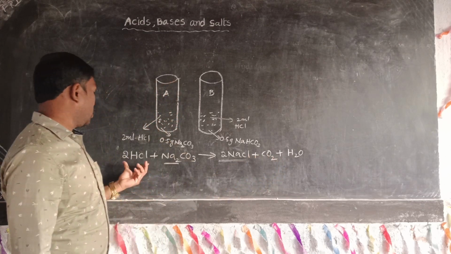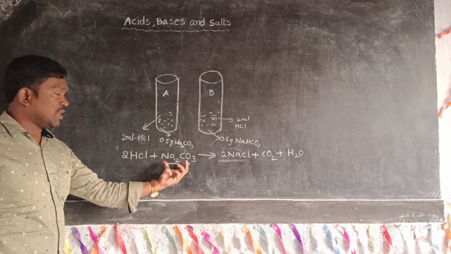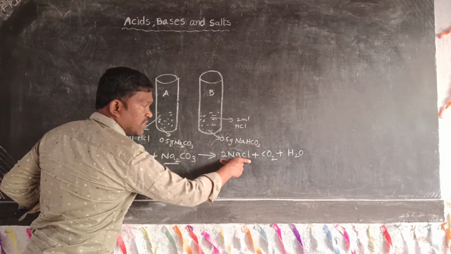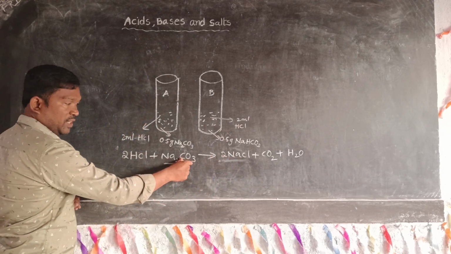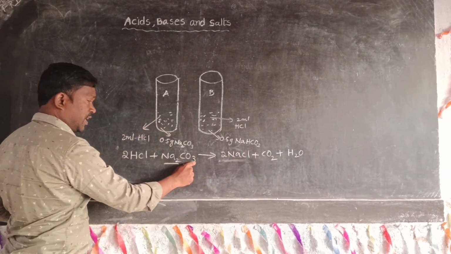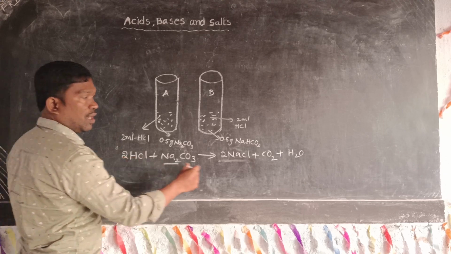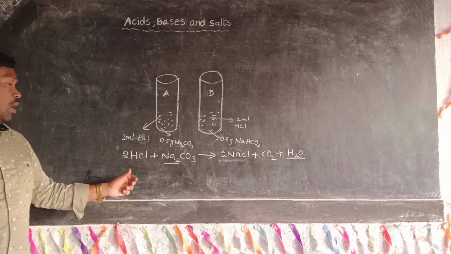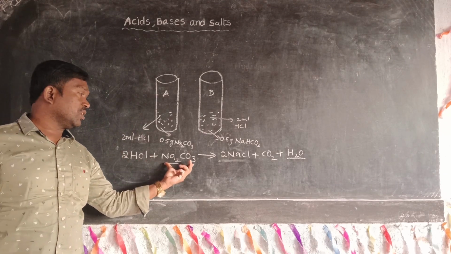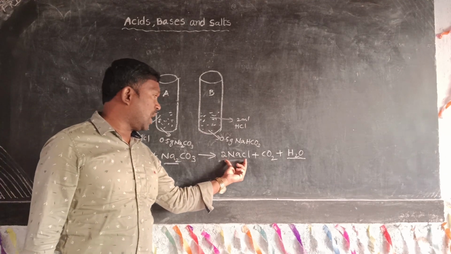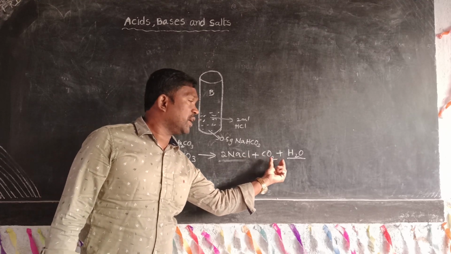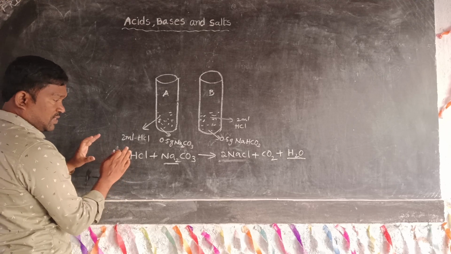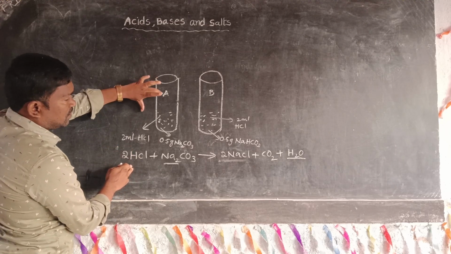So acids react with carbonates to produce salt, carbon dioxide and water. This reaction happened in the first test tube.